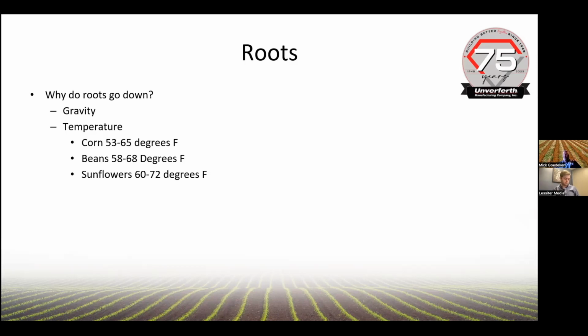Think mid to late June, your soil temperatures at the surface are probably 85 to 90 degrees. When we get that hot, those roots are actually desiccating and dying, so they are doing us no good at the surface. The other roots are looking, okay, where's it cooler? Just like us when we search out air conditioning, those roots are searching out cooler environments so that they can explore for more moisture and nutrients.